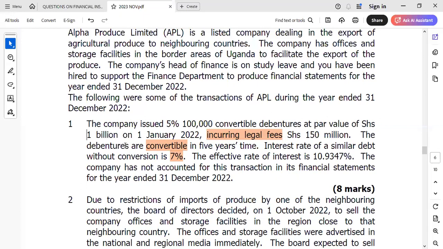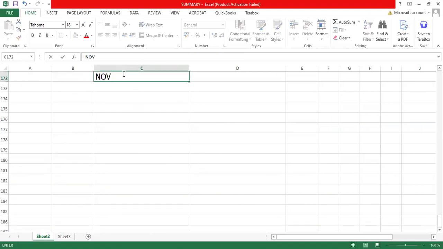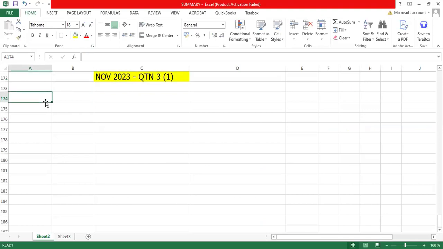So, how do we start? Okay, November 2023, question 3. That is not 1. 8 marks. So we can write a summary, the report.